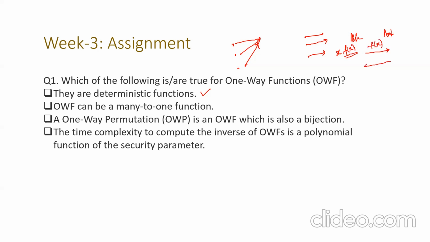Now the adversary has to guess x dash from the domain of the function f, and if it is a one-way function, the probability that f of x dash is equal to f of x that the adversary had seen is negligible, so upper bounded by negligible.